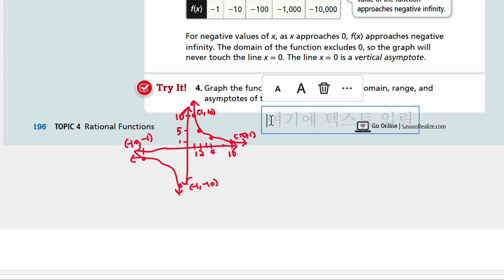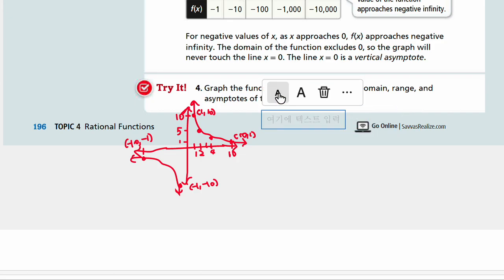And it's very similar to the ones we looked at just now in example 4. So domain is all real numbers, but x is not 0.